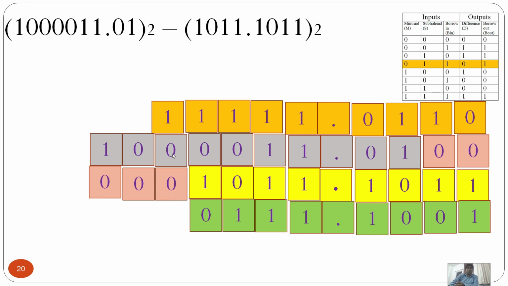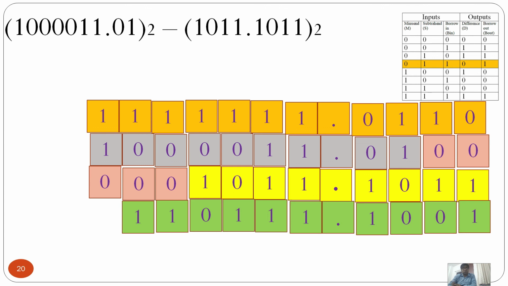1, 0, 0 is 0, so 0 minus 1, the difference is 1 with borrow 1. 0, 0, the result is 0. 0 minus 1 is 1 with borrow 1, and 1 minus 0 is 1 without any borrow.